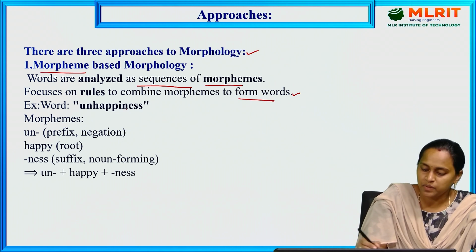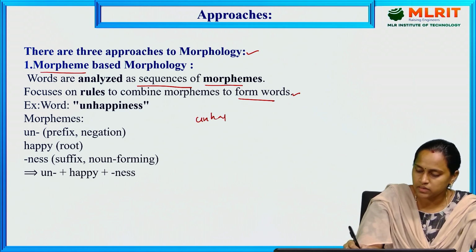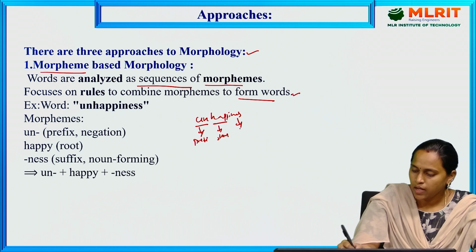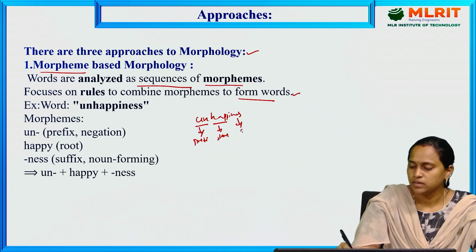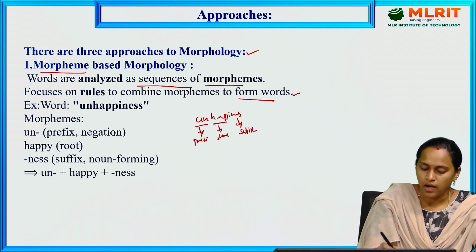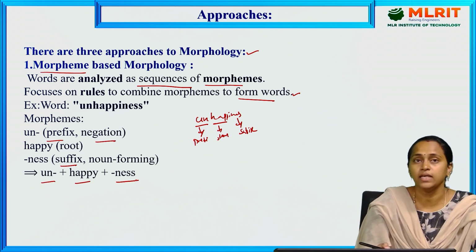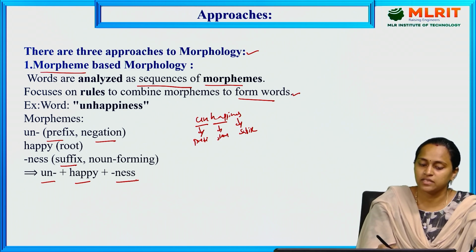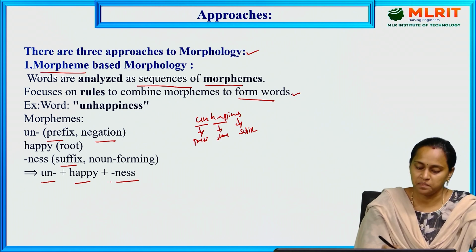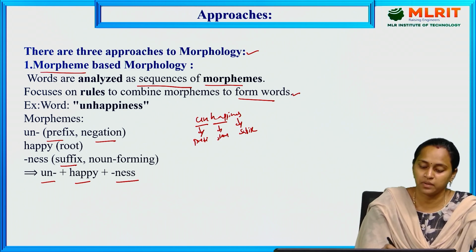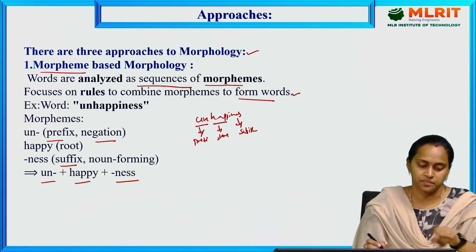Take the example unhappiness. Here un is the prefix, happy is the stem, and ness is the suffix. Un means negation, and ness is the suffix. Un plus happy plus ness. This is the basic example of morpheme-based morphology, that is how morphemes are framed using structure.